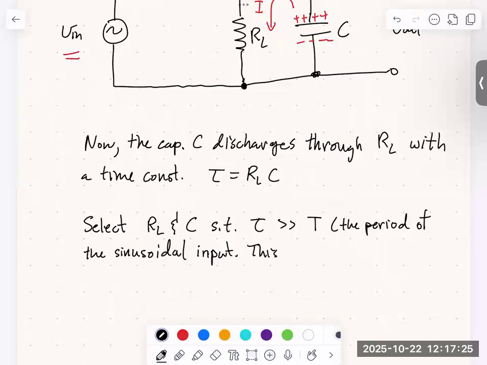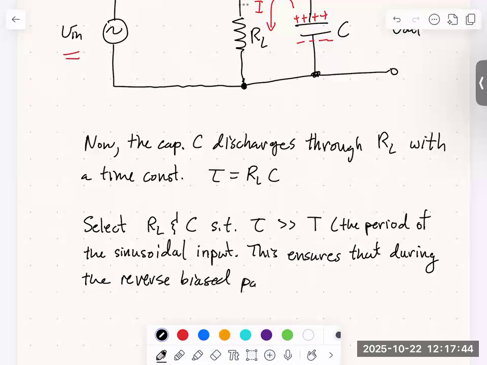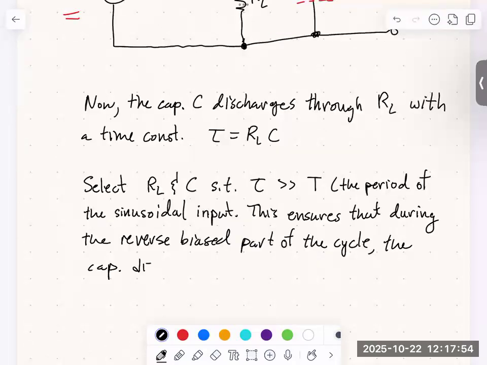So this ensures that during the reverse biased part of the cycle, the capacitor discharges only a small amount.